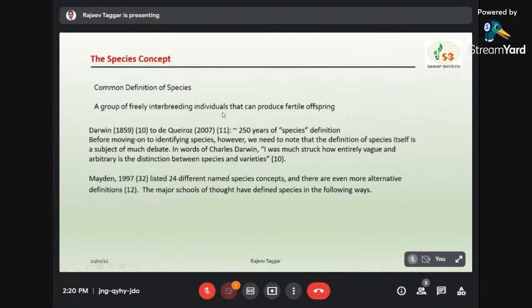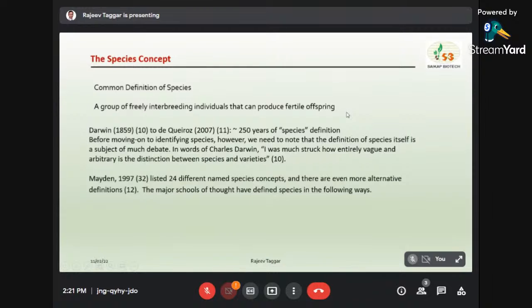But the child they produce, the mule, will not produce further children. The mule will be sterile. So this is the biological species concept: only individuals which can breed among themselves form a species. This definition is what we are told at the start of our career: a group of interbreeding individuals that can produce fertile offspring.